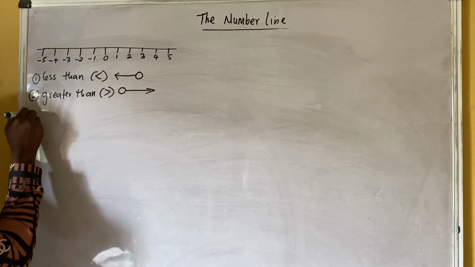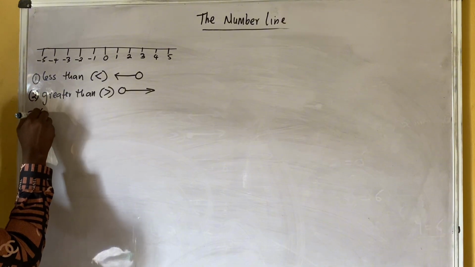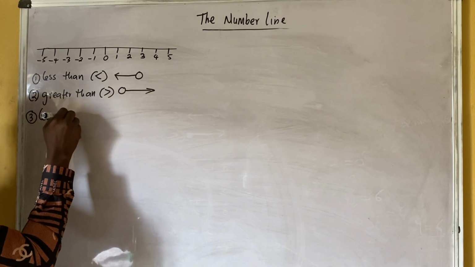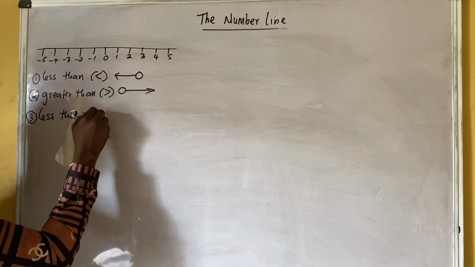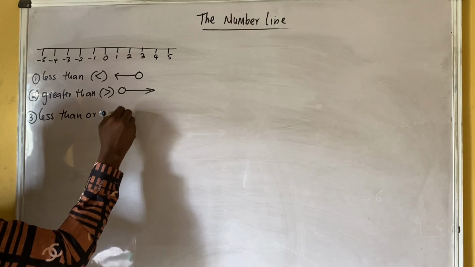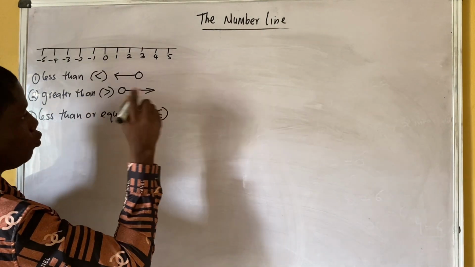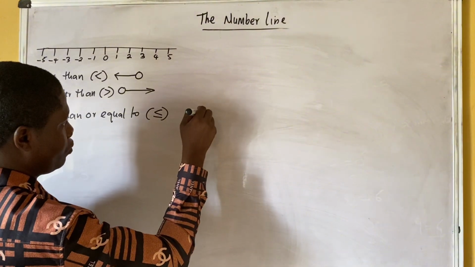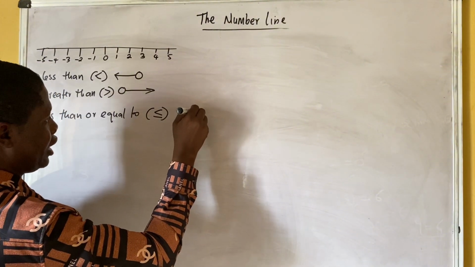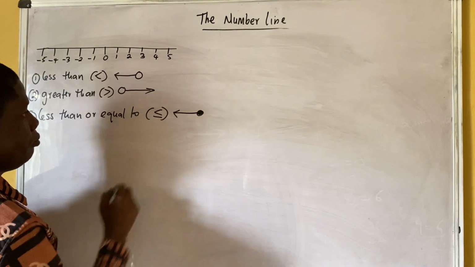And the third one is when you have less than or equal to, we make use of a shaded circle with an arrow pointing backward.